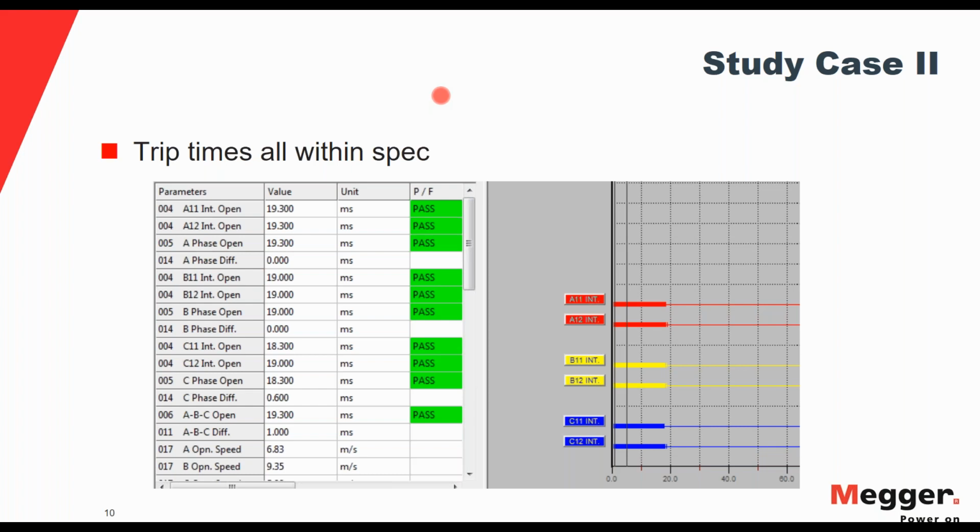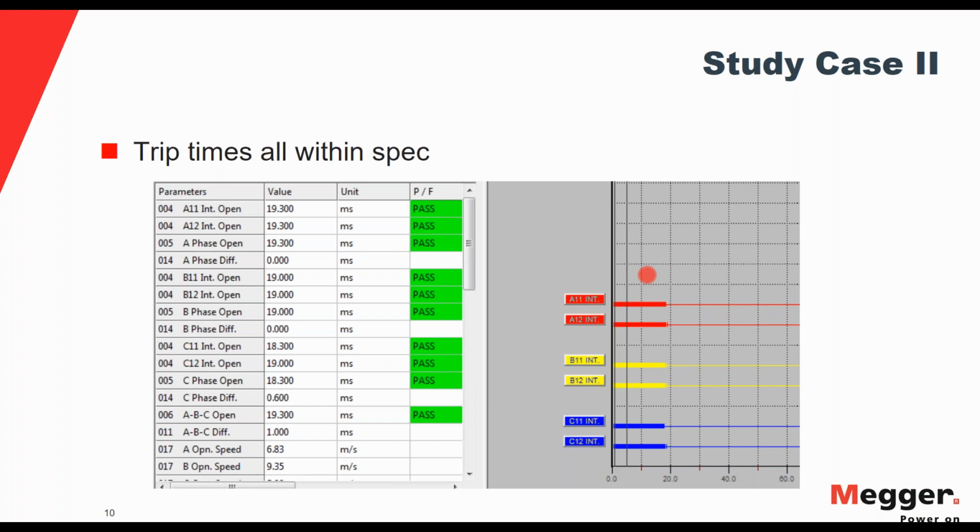It's all showing very good and promising. This is a two-break-per-phase breaker, where you have two interrupters for each phase. This is usually used in very high voltage applications. Now, if you see this, you'll say this breaker is working fine. There is no problem with it.